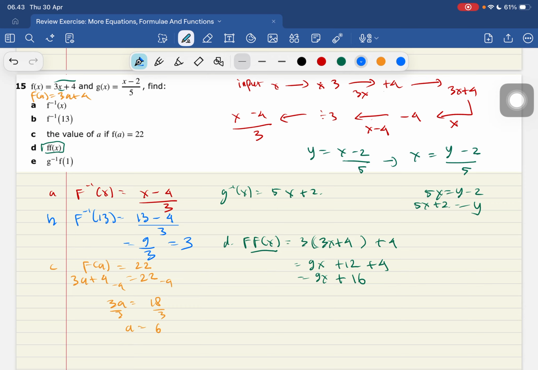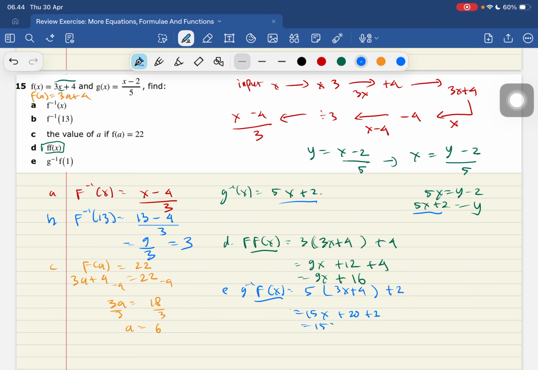E, g inverse of f of x. Okay, here is g inverse. So let us find it first. g inverse of f of x. So the output is 5, instead of writing x, we will make it an empty bracket, plus 2. The input is f of x. So f of x is 3x plus 4. We expand. It's going to be 15x plus 20 plus 2.